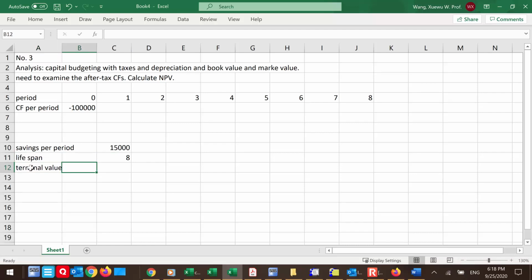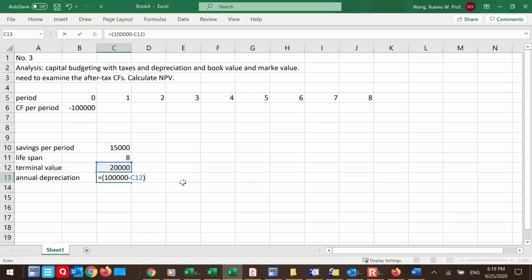That is 20,000. So if that's the case, then we know that annual depreciation. This is actually where some of you might be confused. So you're looking at the machine cost. That's 100,000. And you look at the end of 8 years, the machine is still worth 20,000.